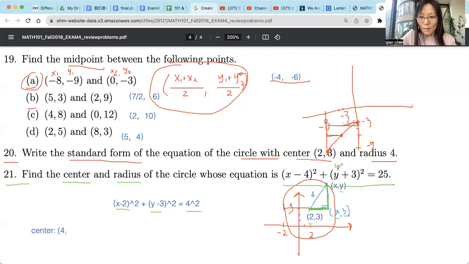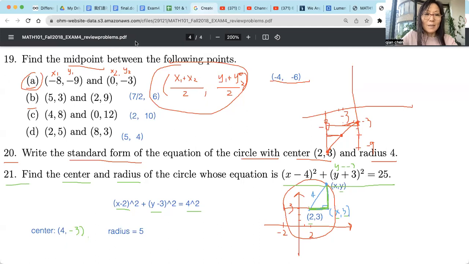So the y value of the center is -3. And what about the radius? We have 25. What's the square root of 25? The radius is 5.